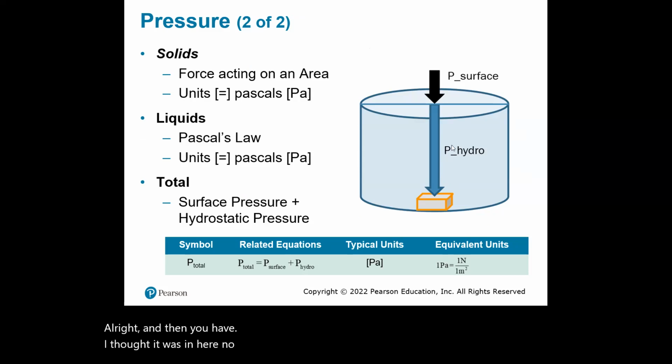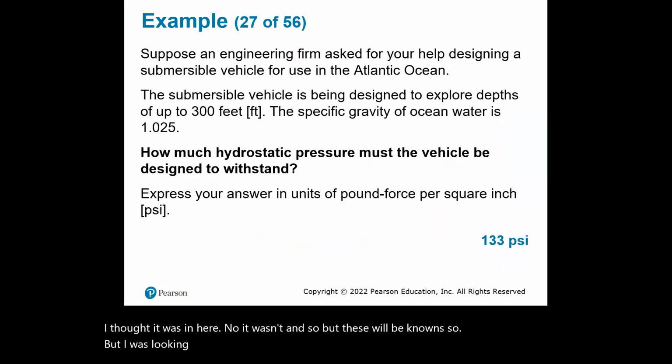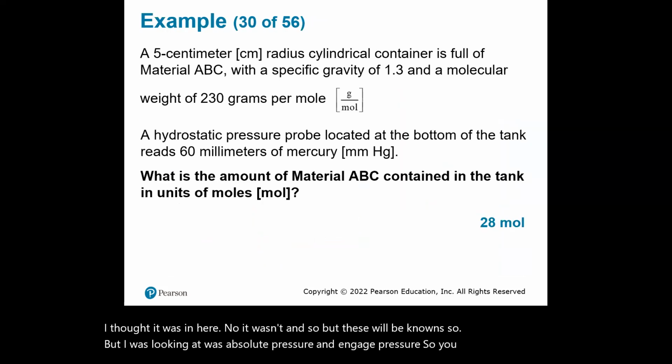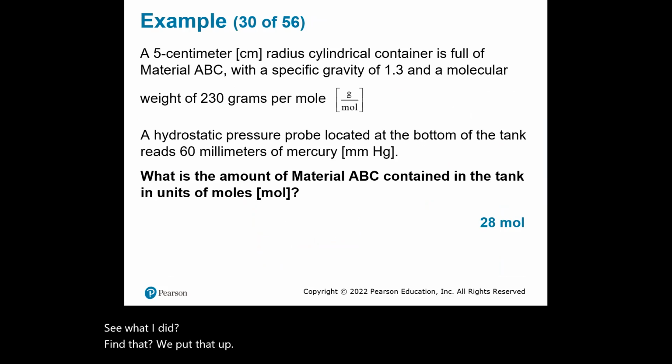But these will be knowns. What I was looking at was absolute pressure and then gauge pressure. You have your absolute pressure and your gauge pressure; find that and pull that up. This is in section 8.6. And then there's also a video with that. It's also a pretty cool video. You should watch that.